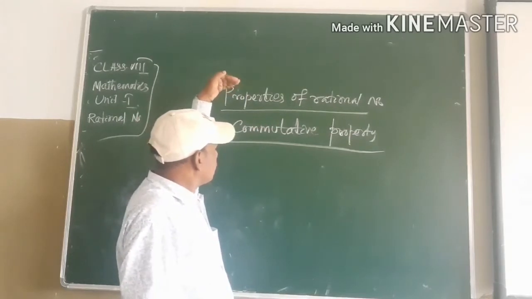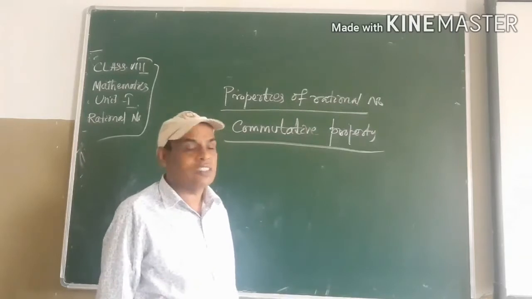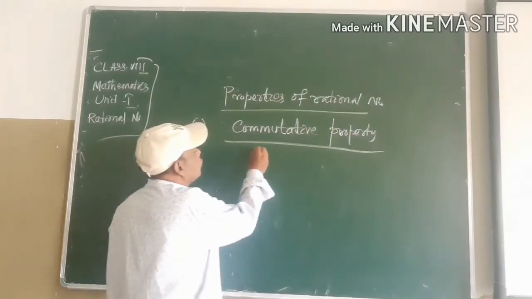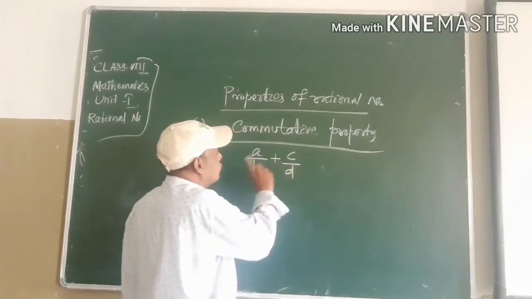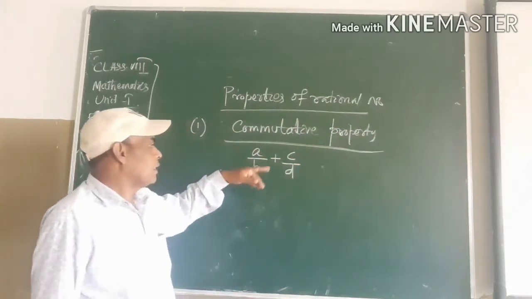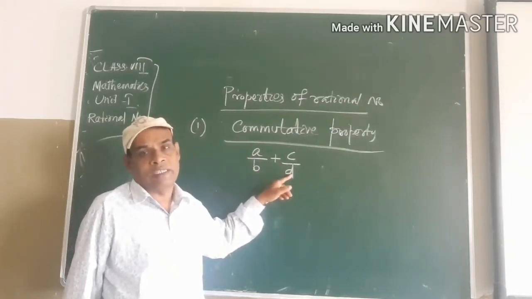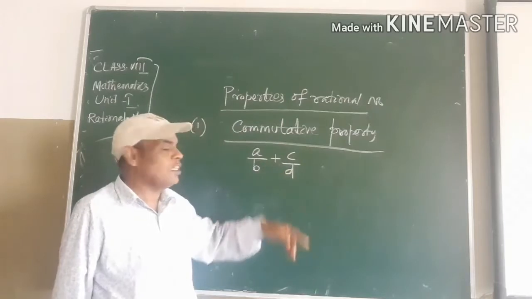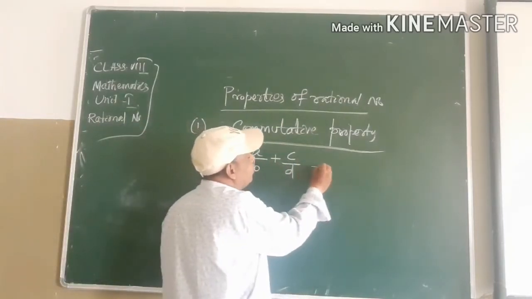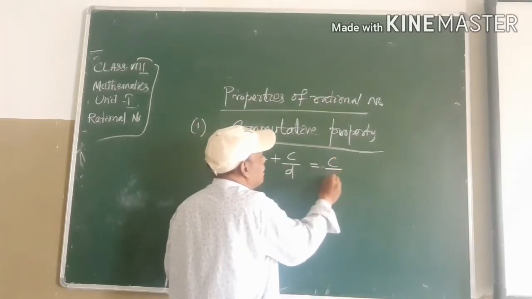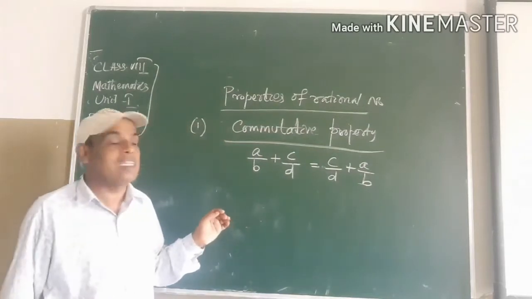Particularly this commutative law for rational numbers, it means whenever two rational numbers will be added, suppose a by b is one rational number, another rational number is c by d. So whatever the result we will get, similarly whenever we add first c by d, then a by b, the same result you will get.